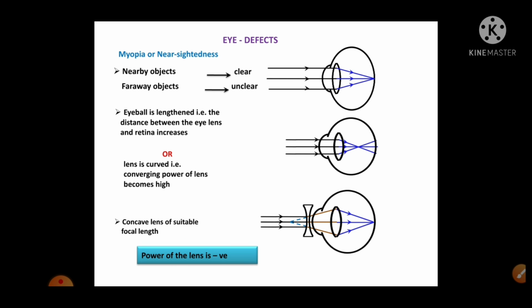Power of the lens is negative. Very important statement, might come in the objective also. Okay. Power of the lens in myopia is always negative.